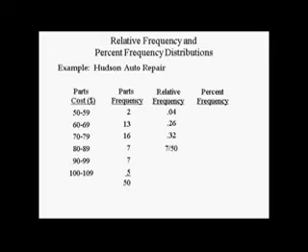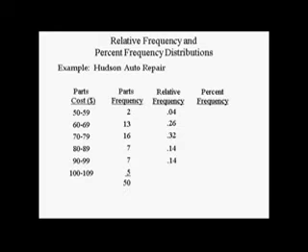The frequency of invoices between 80 and 89 is 7. The relative frequency of this interval is found by dividing 7 by 50, or 0.14. The frequency of invoices between 90 and 99 is 7. The relative frequency of this interval is found by dividing 7 by 50, which is 0.14.